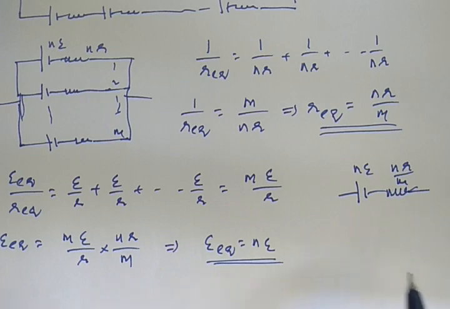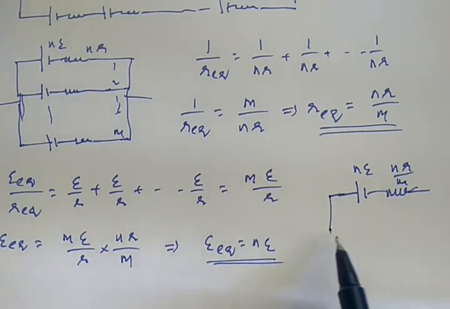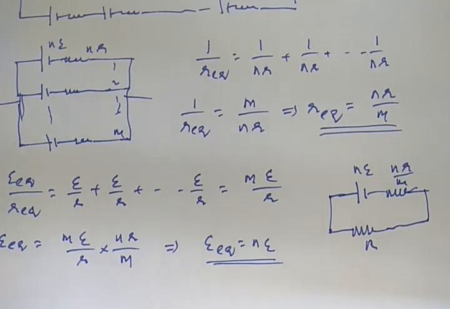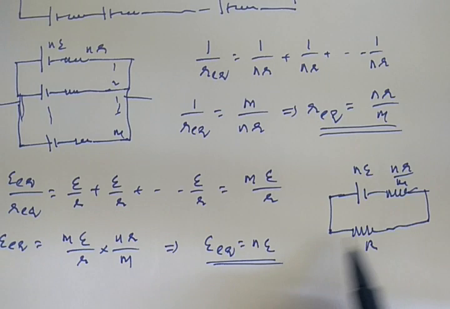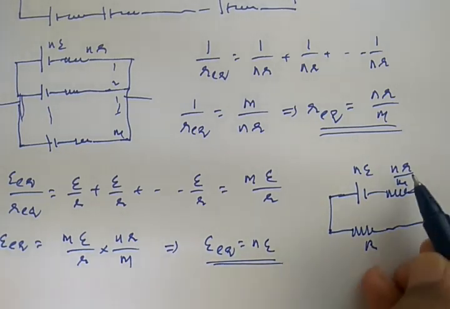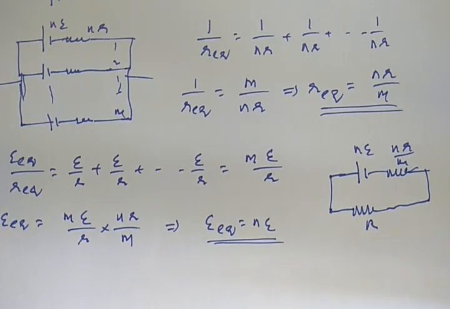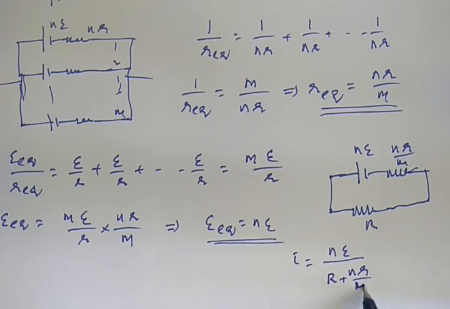So this is the effective of this part. When you connect this to an external resistor of resistance, let's say R, what will be the current going through this line? Because this resistor and that resistor are in series, current going through this battery will be I equals EMF NE by R plus NR by m.